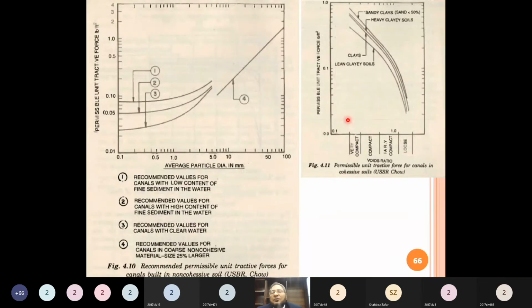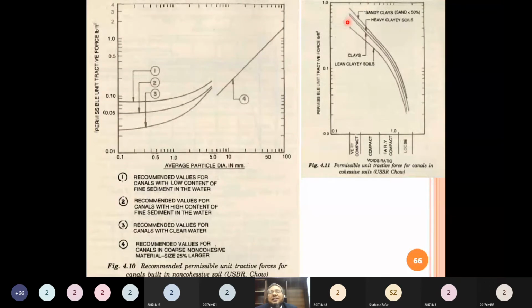And now come to this figure. Now, if it is a cohesive material, then if it is very compact, and then fairly compact or loose. So here the material is loose and it is getting compact in this direction.